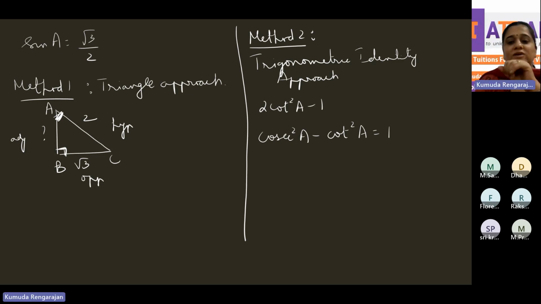Yeah, we have to find cot square A. So of the two identities, one you have to find, the other one you should know.